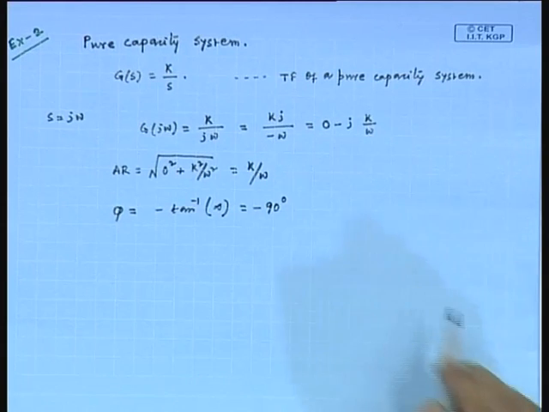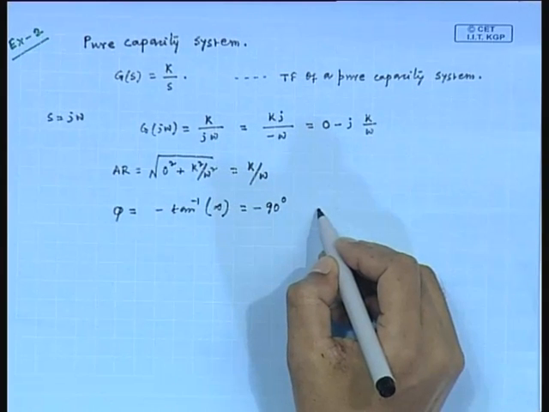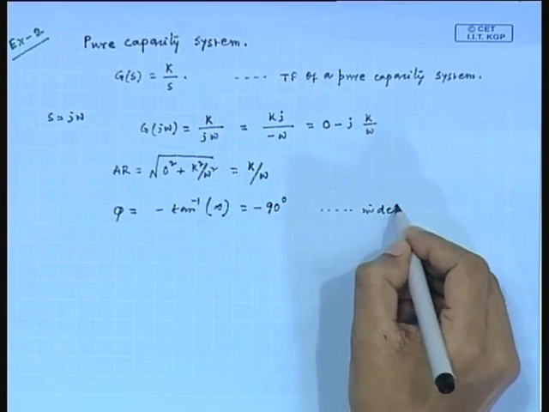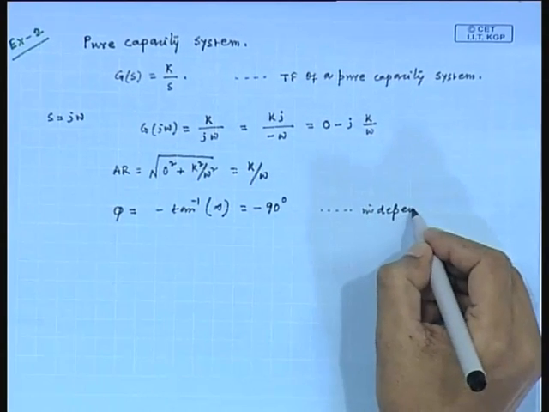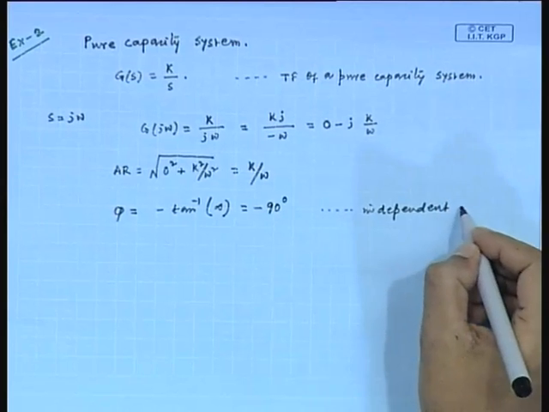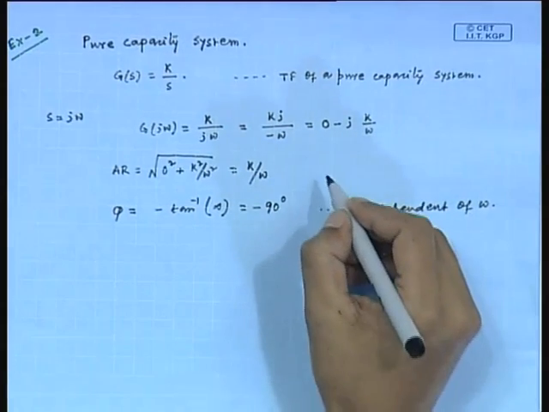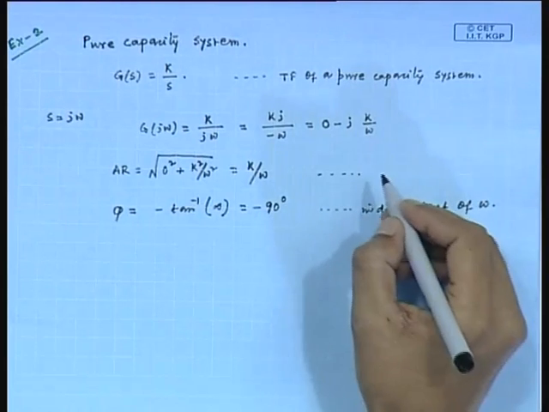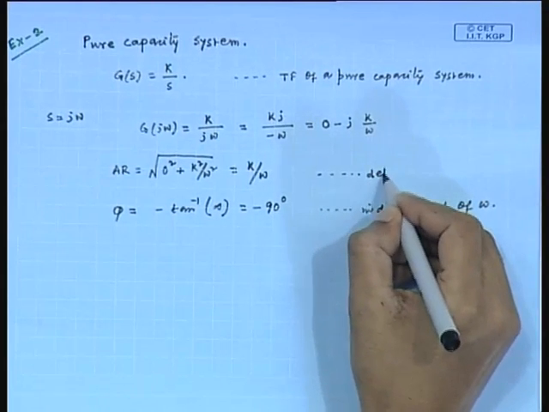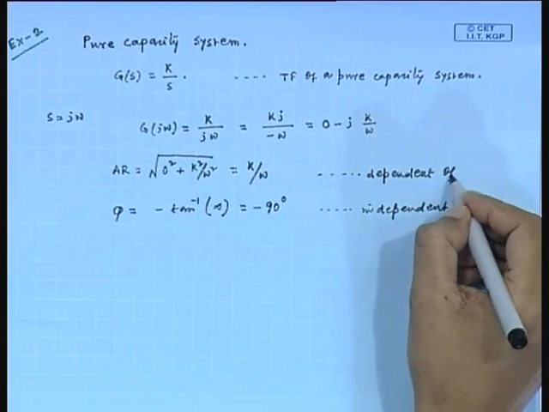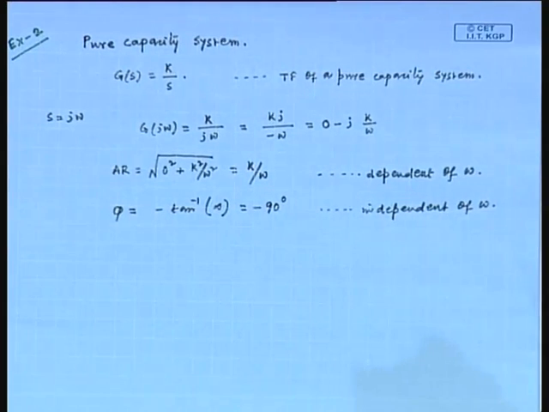Fine. Now, it is obvious that this phi is independent of omega, but this amplitude ratio is dependent on omega.